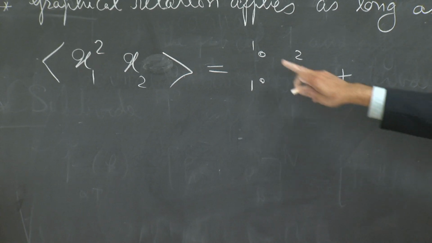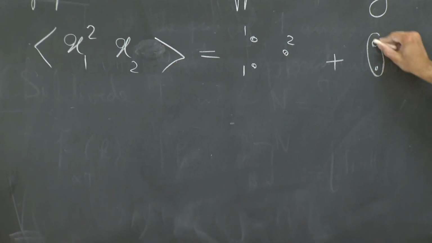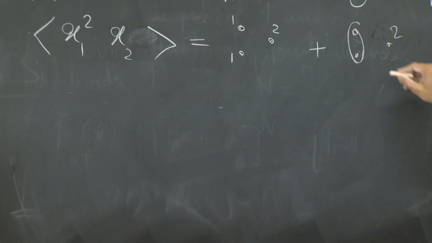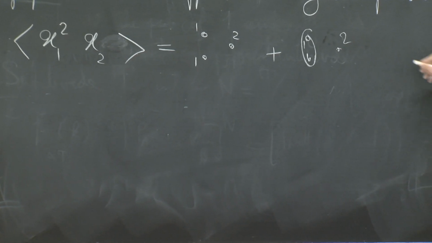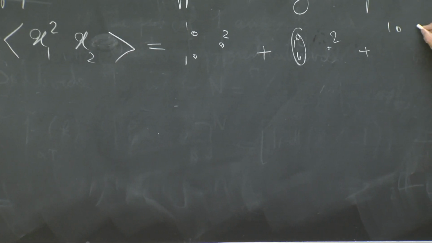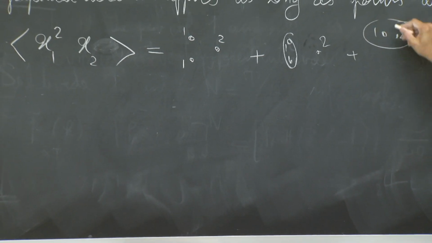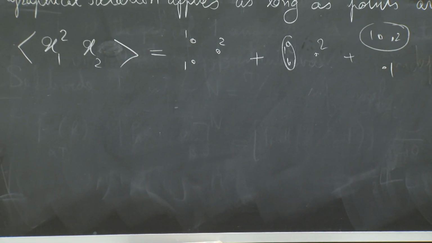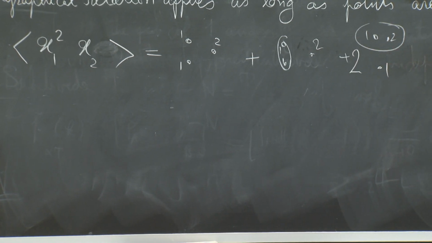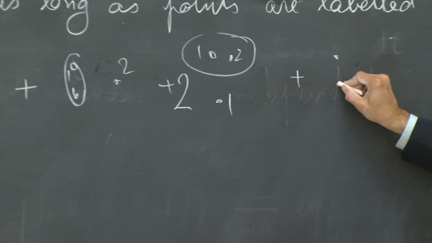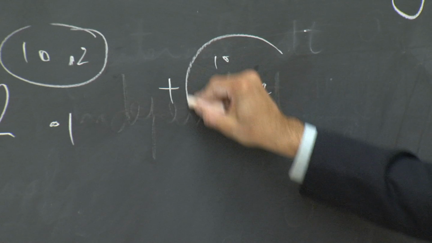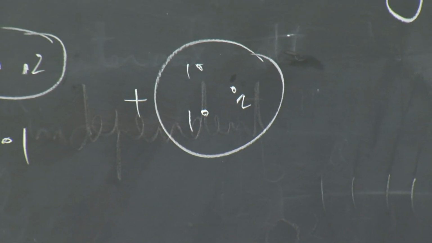So one possibility is that I put the 1s together and the 2 stays separate. Another possibility is that I can group the 1 and the 2 together, and then the other 1 stays separate. But I had a choice of 2 ways to do this. So this diagram comes with an overall factor of 2. And then there is the possibility to put all of them in the same bag.